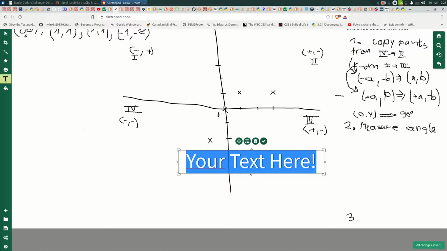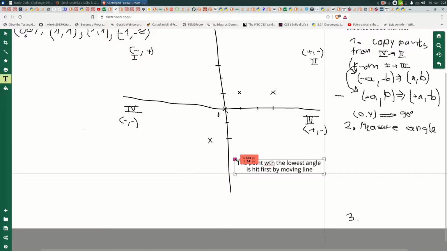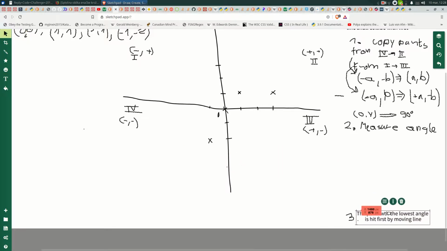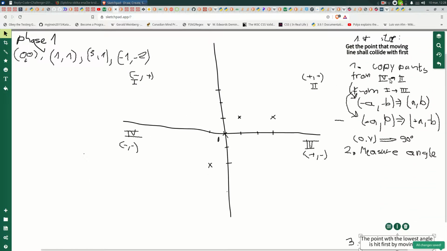So we shall say just: the point with the lowest angle is hit first by the moving line. So make that smaller, put it over here. So that is just the end of the first step, you know.